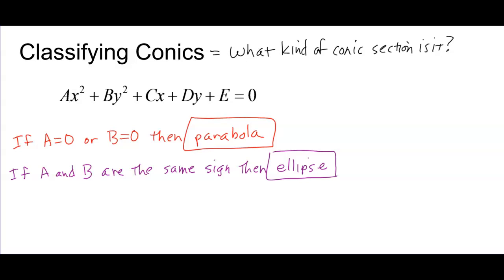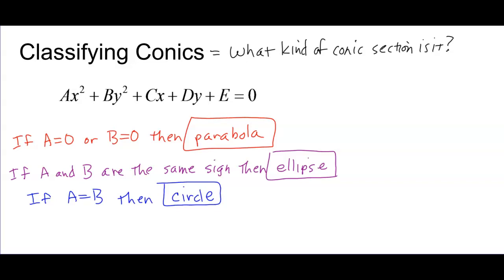In terms of the coefficients for x squared and y squared, they would come out not just the same sign, but literally the same. So if a equals b, just plain equals, then the shape you get is a circle. But that's kind of minor, because that's really just a special form of an ellipse.